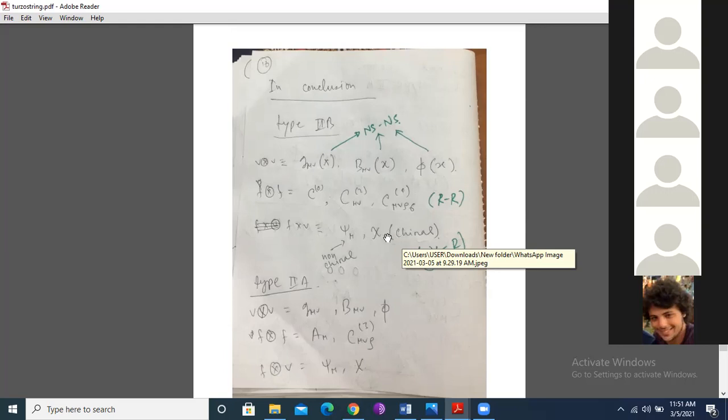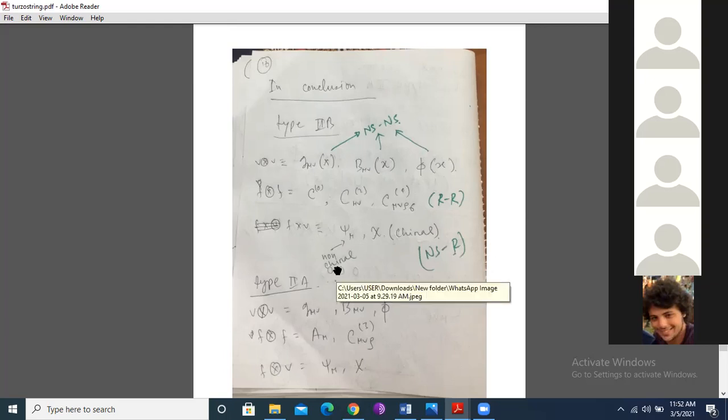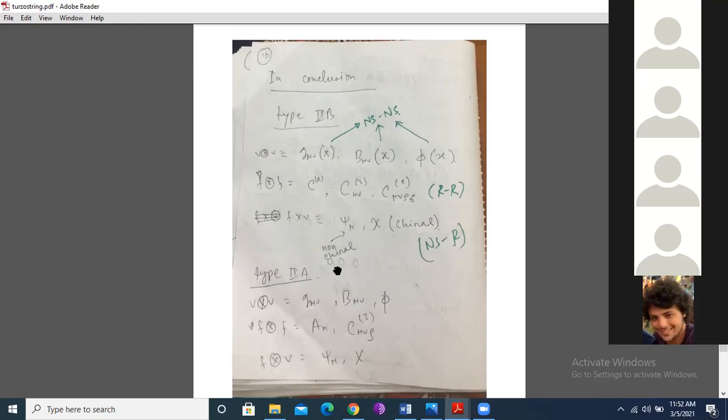Now you see that we have all the ingredients here in 10D. So the question is, starting from this 10-dimensional action that we write with the help of G, B, and phi and these higher form fields, are we going to get a solution in 4D which has a positive cosmological constant?